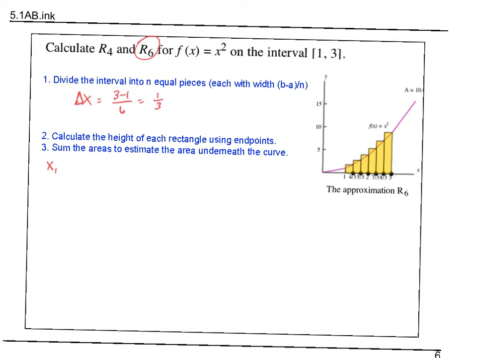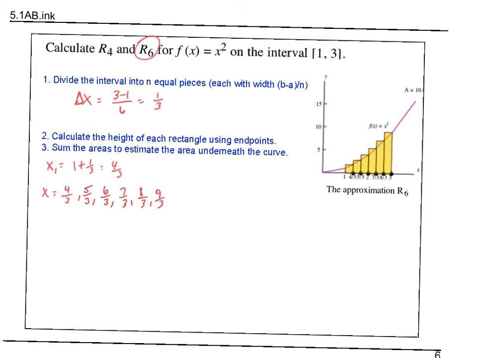Our x1, which is always the most important, is 1 plus 1/3, which is 4/3. And then from there, I can list all of my x's, so 4/3, 5/3, 6/3, 7/3, 8/3, and 9/3. So I end at 3, and I also have 6 of them.